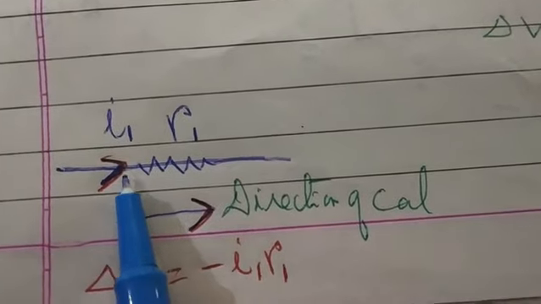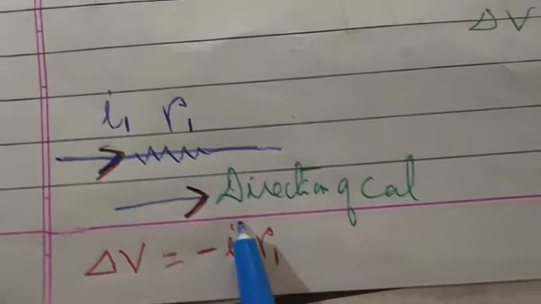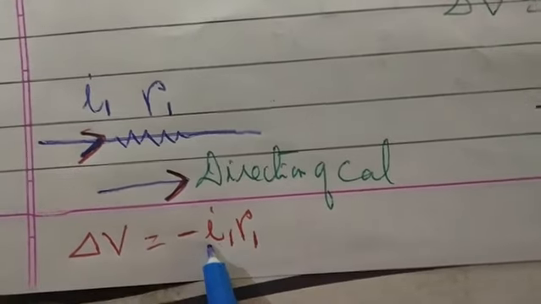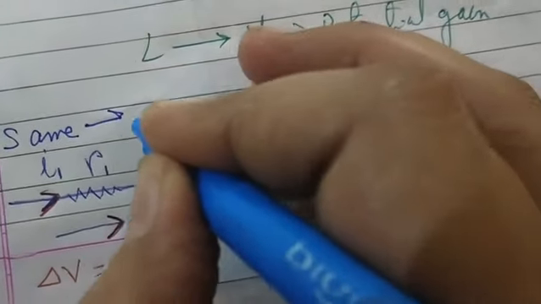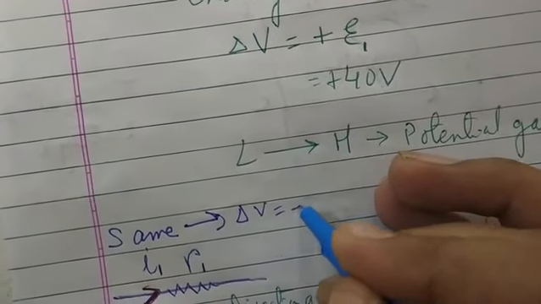If there is a potential gain, then delta V is positive. Now in the resistor, if the direction of current and the direction of calculation are both the same, then delta V will be negative.